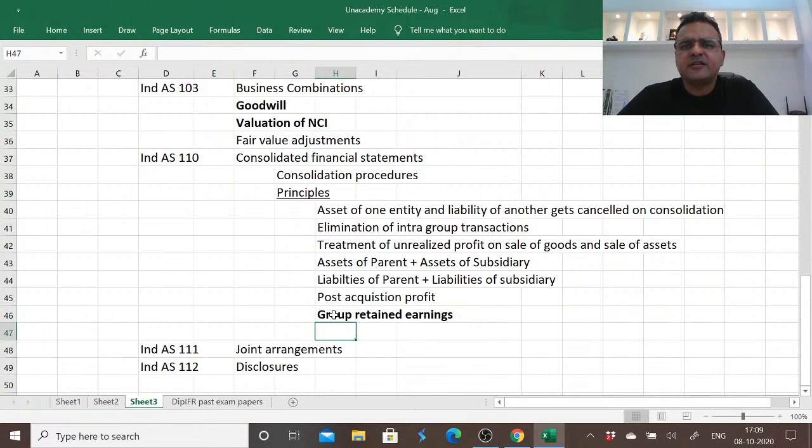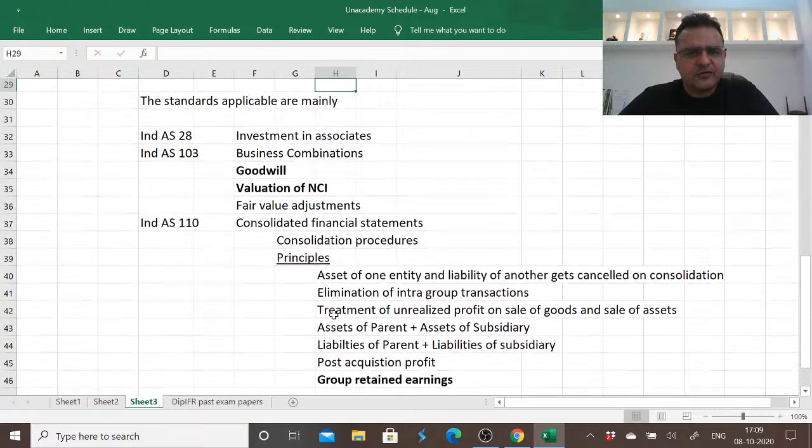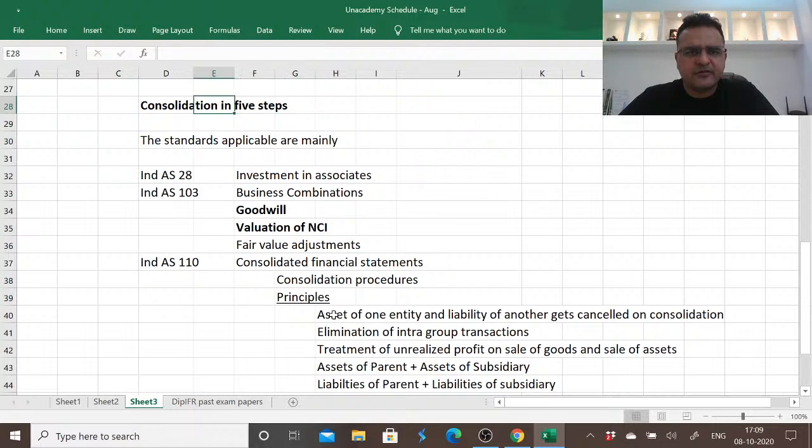These are the three major adjustments which help in controlling the consolidation of financial statements. So if we are able to target these three workings, we are able to do the majority of the calculations relating to consolidation procedures. The 5 steps I wish to share with you are mainly targeting these three.